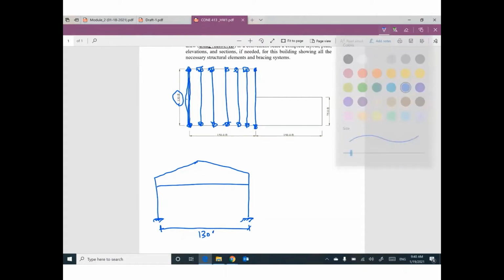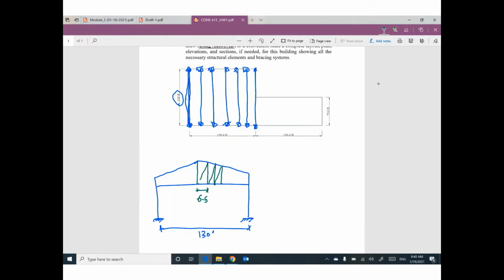It's up to you. You can do what you want for this truss. Probably you can divide it to 6.5 time intervals. You can draw your diagonals like this and the opposite diagonal like this.